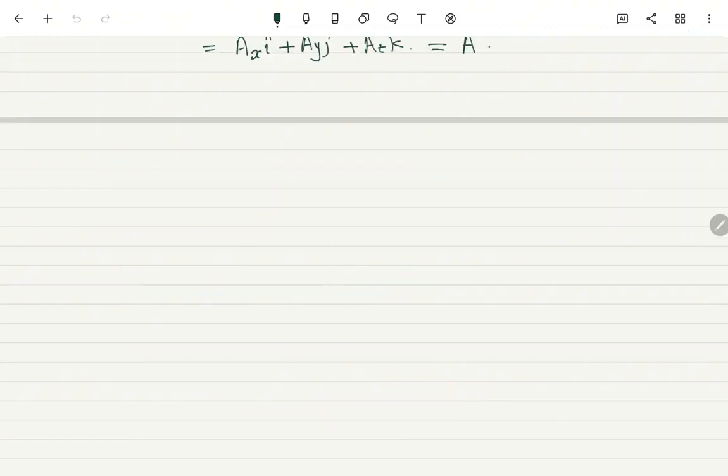Now let's define differentiation of a vector. The rule is very simple for this one here. So d by dx, for instance, if we would like to find the derivative for the cross product A cross B, in this case here, we apply the derivative for the first one and we apply the derivative for the second one.